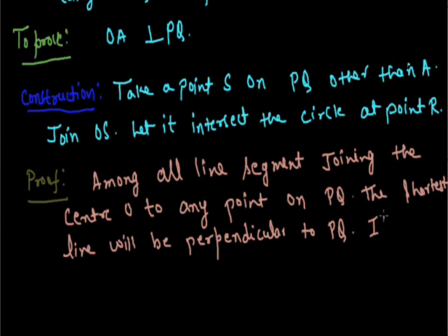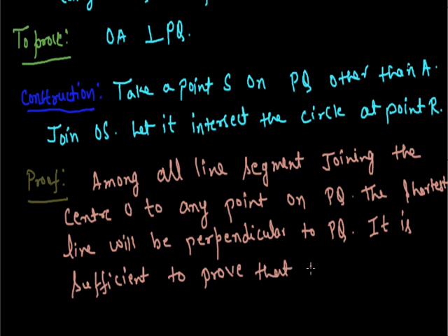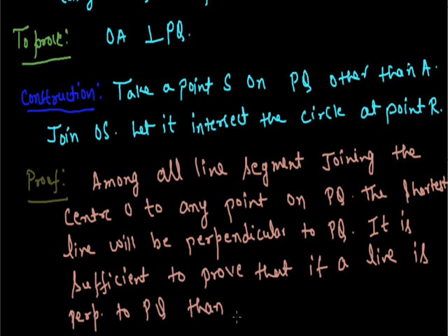It is sufficient to prove that if a line is perpendicular to PQ, then it will be the shortest line.